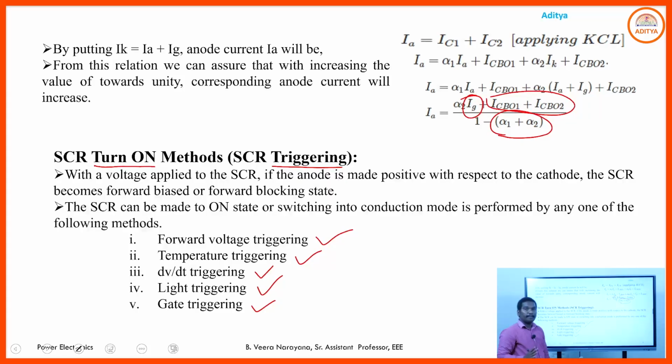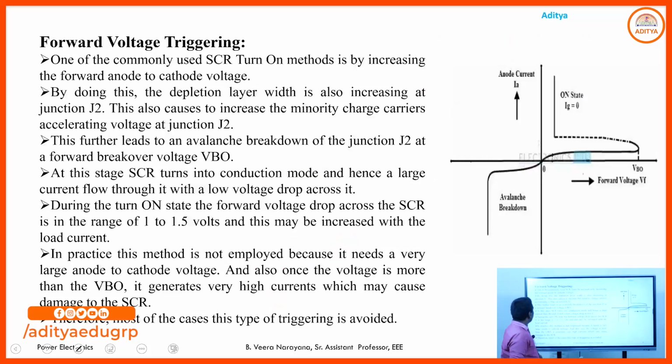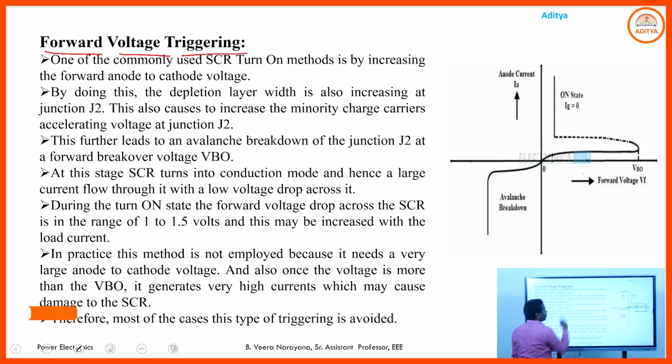These are the different turn-on methods used to bring the SCR from forward blocking state to forward conducting state. First we go through forward voltage triggering.